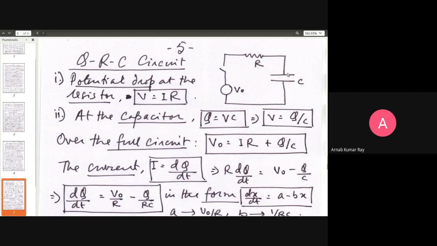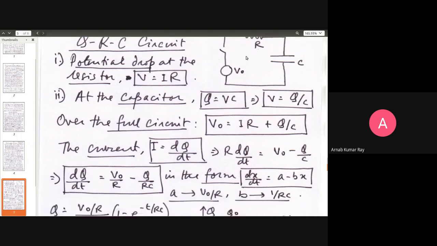Now, what will be the potential drop across the capacitor plates? Charge builds up in a capacitor, and C, of course, is the capacitance. It's a constant value. Both R, V naught, and C are constant quantities for this system.